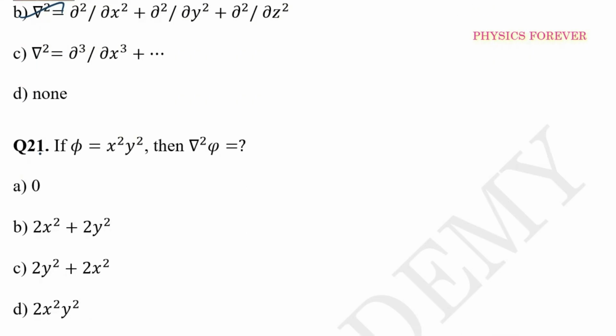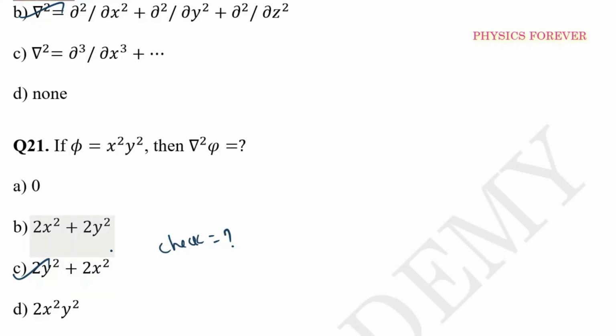In question 21, if phi is equal to x square y square, then find del square phi. It should be an easy one. Definitely we have to work it out, or otherwise I have to give the solution. So the option may be C. Okay, you have to check it.